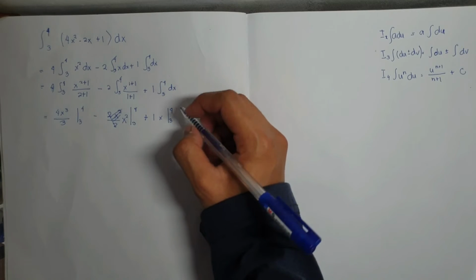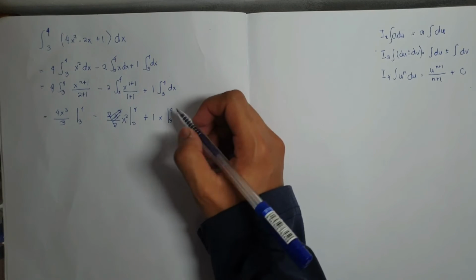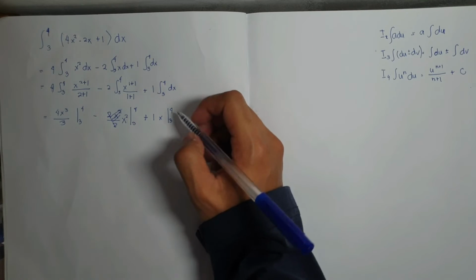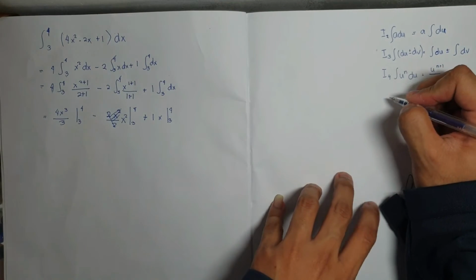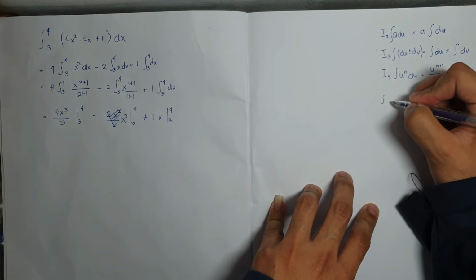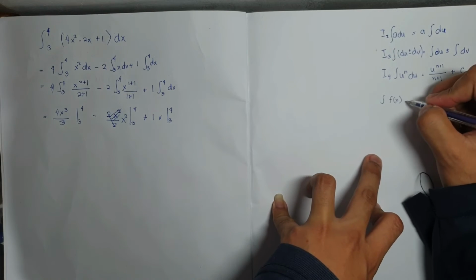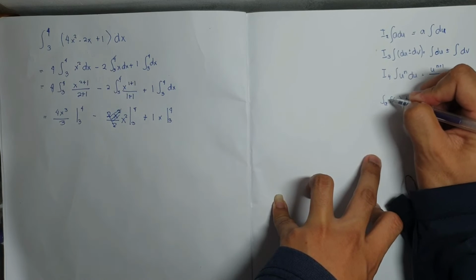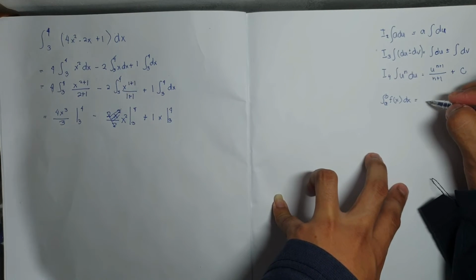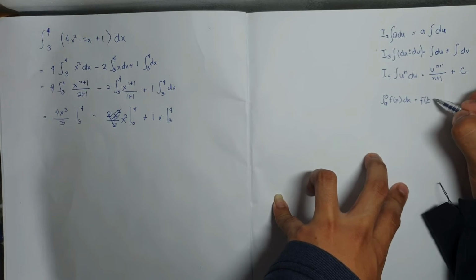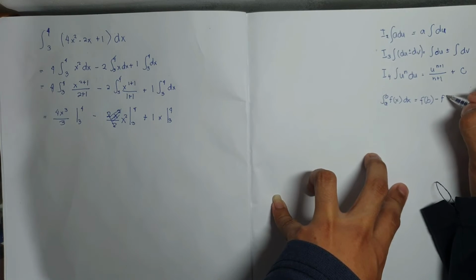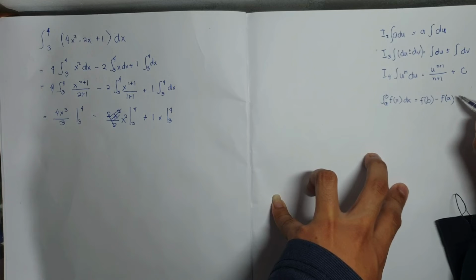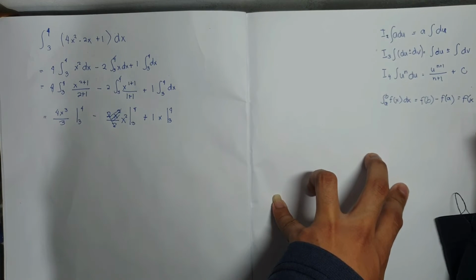At this juncture, we will apply the definite integral standard equation, which is the integral of f of x dx from a to b equals f of b minus f of a, which equals f of x from a to b.